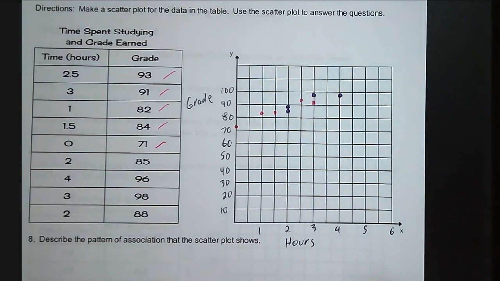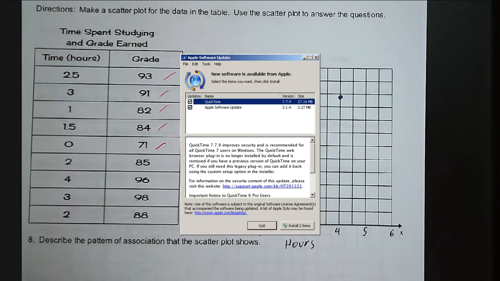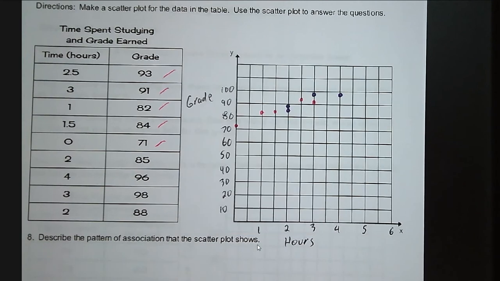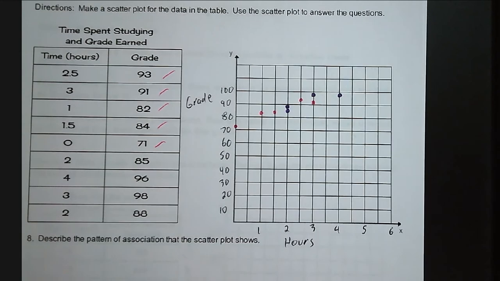And you can see we had a couple other points here, particularly this 0 hours is 0 hours and 71%. Not so good. Although kind of some of you probably wish you would get a 71% if you studied no hours.